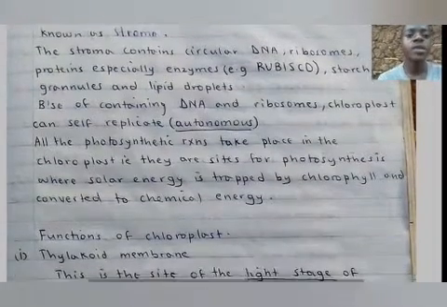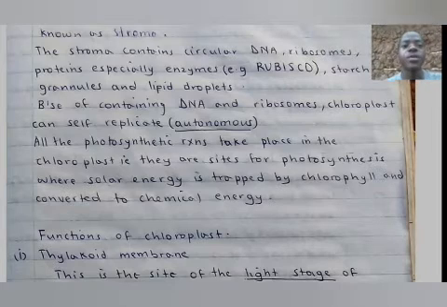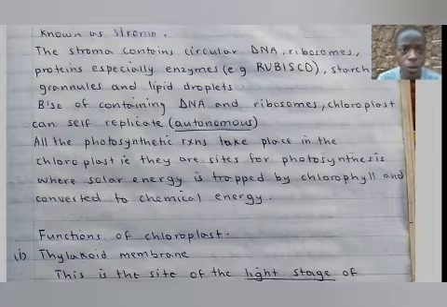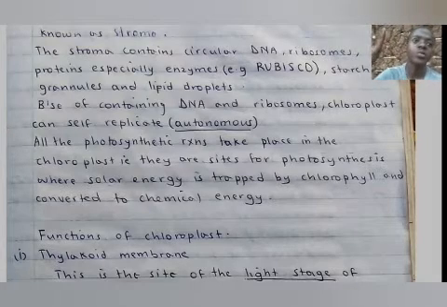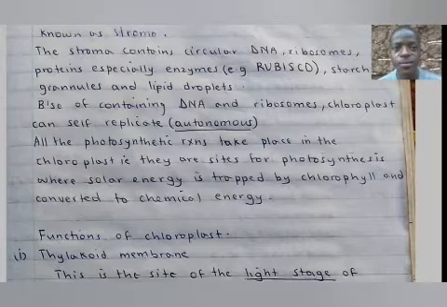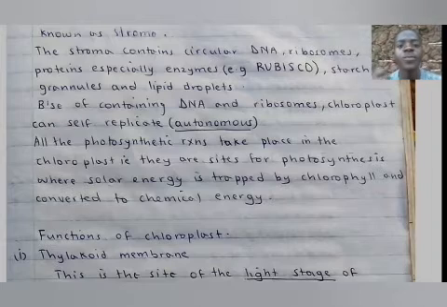Because it contains the DNA and the ribosomes, the chloroplasts can self-replicate. That is what we call autonomous. The mitochondria were semi-autonomous, but this one is autonomous. It can fully replicate because it contains the DNA and the ribosomes.